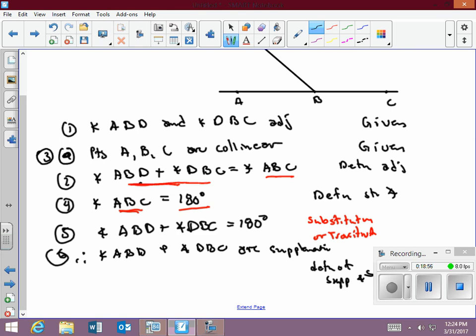So that's the statement and the reason for the statement. It's the typical way I would expect a proof, rather than a proof by paragraph. This is the way I'm accustomed to writing out a proof.